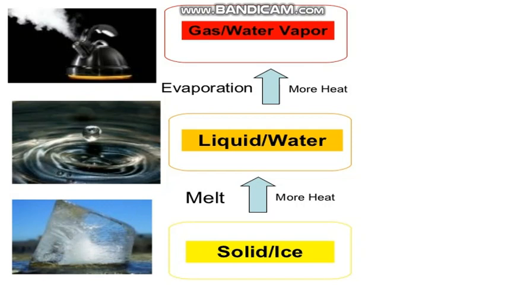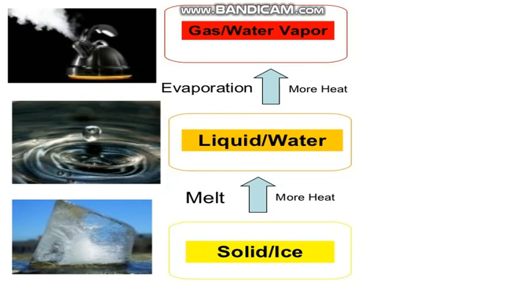So it means when we change the temperature, then these shapes will change. Solid will change into another state. So how do they change? How do we change the temperature? We change the temperature by heating.